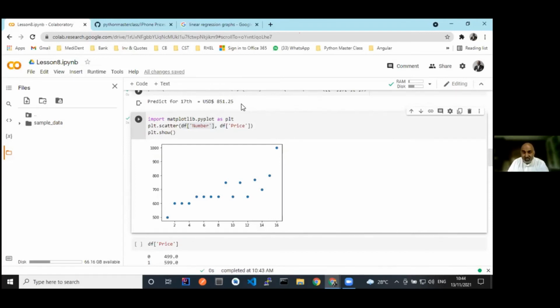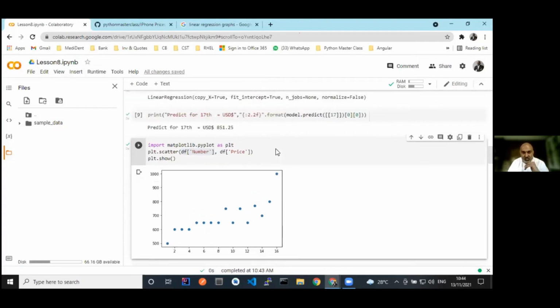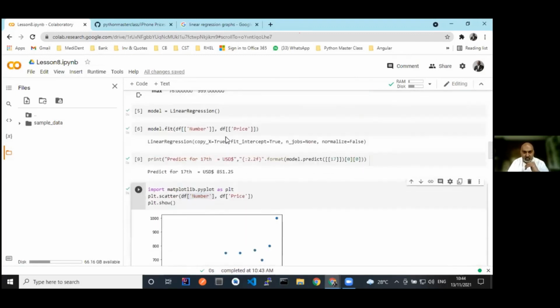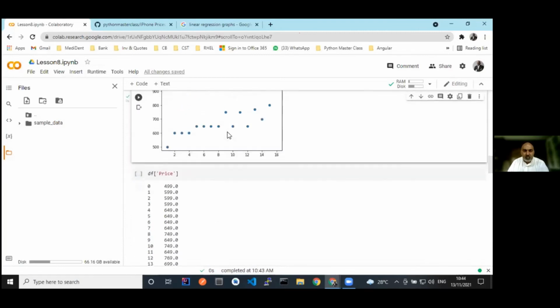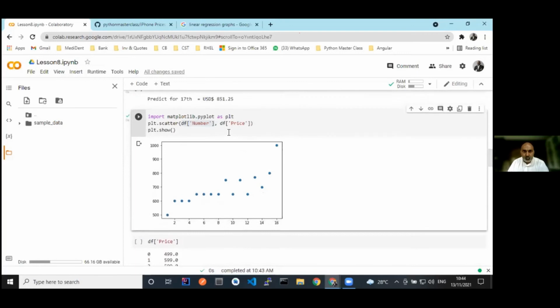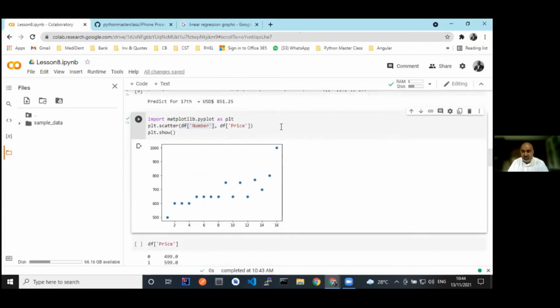So I'm not asking you to buy, but I'm just telling you how to predict the price of a phone that is not yet released, or not yet found in the data set. So this is how we do linear regression and to predict.